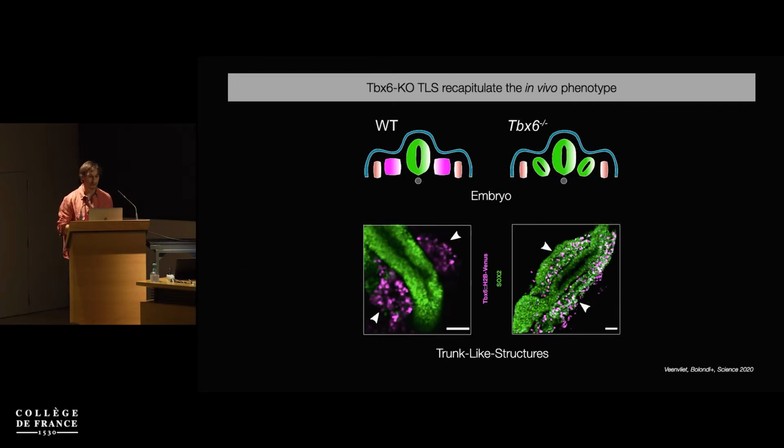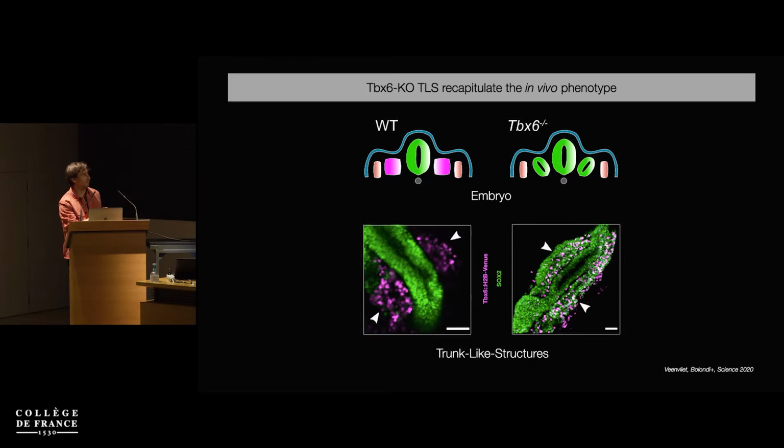One thing that we can finally do with these trunk-like structures is recapitulate in vivo phenotypes. And this is, of course, also very, very exciting. So here I'm showing you, as a proof of principle, the TBX6 null mutant. This is a very classical mutant already described in the 90s, where what you essentially get in the absence of TBX6 is a transdifferentiation of somitic cells to neural cells, and this leads to the formation of 2 ectopic neural tubes.